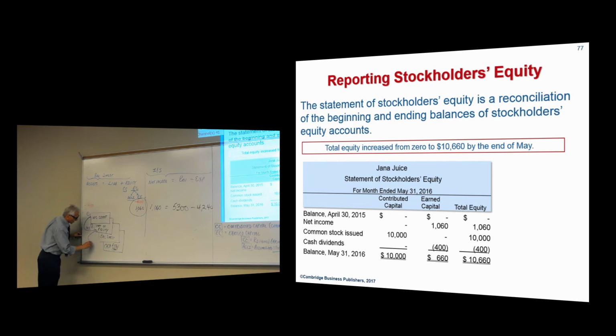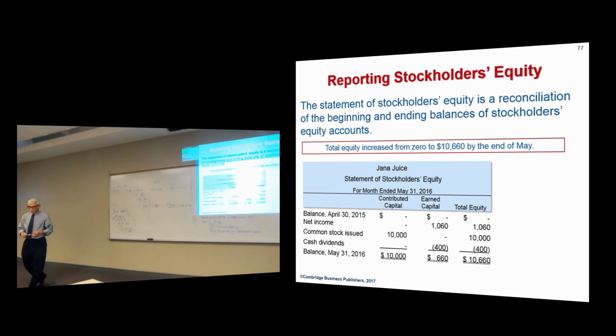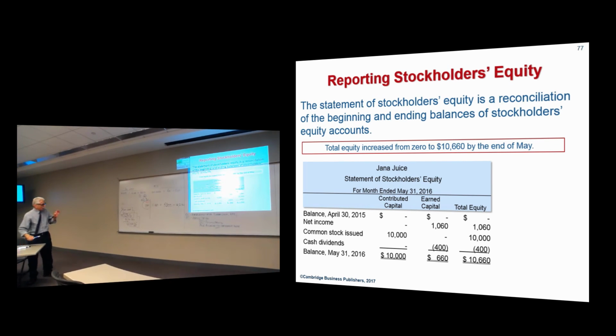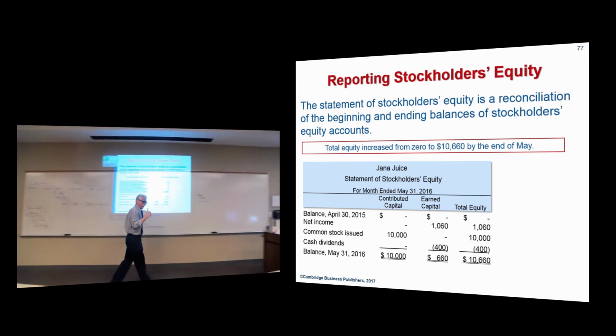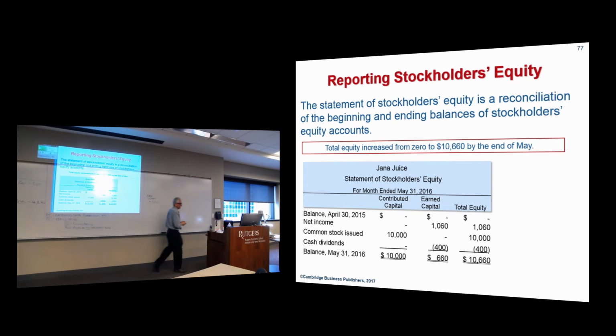The balance of the statement of stockholders' equity, the $10,660 there, goes on the balance sheet. And fourth, we do the cash flow statement, and we need everything for the cash flow statement. So we always prepare the income statement first, then the statement of equity, the balance sheet, and then the statement of cash flows.